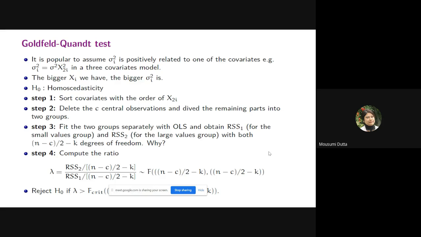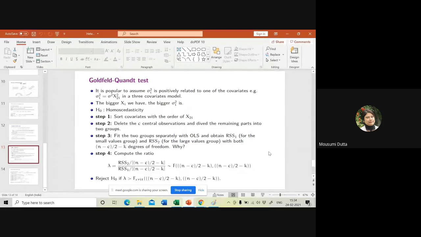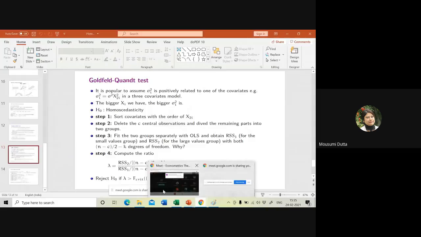So though you will get the slide in this format, I am putting the matters in a bit different way. Maybe it will be easier for you to understand. So please give the heading Goldfeld-Quandt test. It is a small sample or finite sample test. So to begin with, I am mentioning that it is a small sample or a finite sample test.